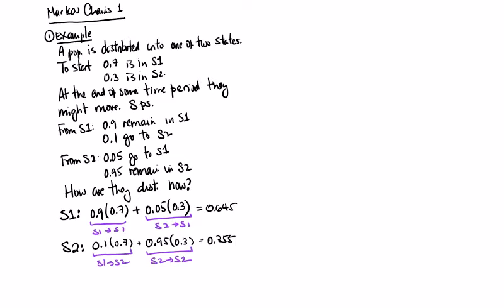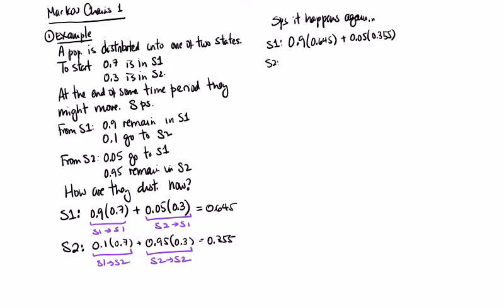So then let's look, what if this happens again? State 1, right? The same procedure. 90% of the ones that were in state 1, which is now 0.645, remain. And we gain 5% of the other ones, 0.355.